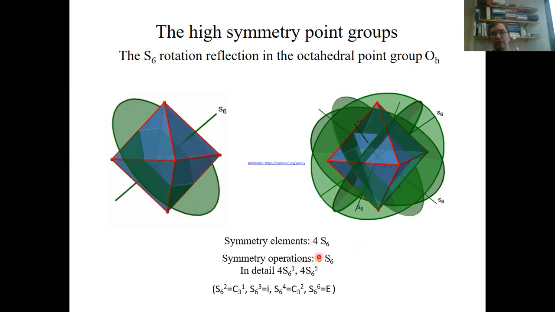So overall, we have 8 symmetry operations to consider, given that we have 4 improper rotational axes. The S62 is equal to C31, the S63 is identical to the inversion, the S64 is identical to the C32, and the S66 is identical to the identity.